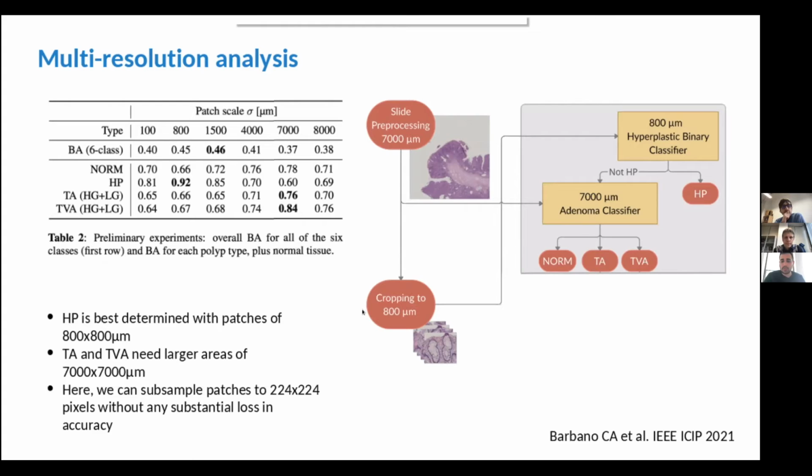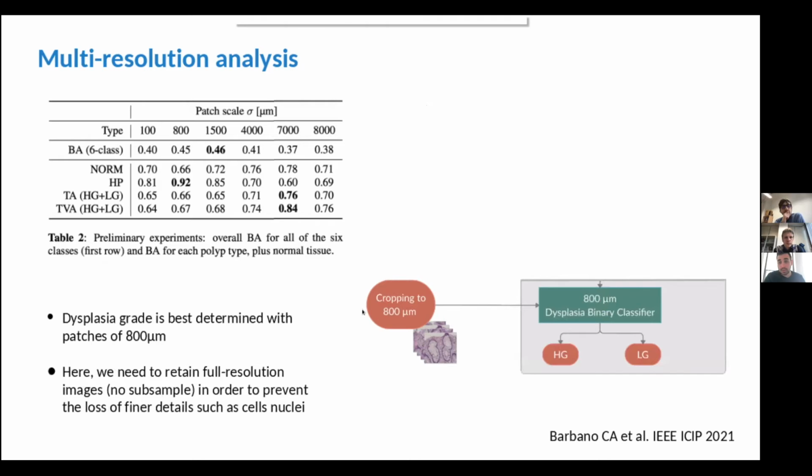And after we determine that the image is either a tubular or a tubulovillous adenoma, then we can try and predict the dysplasia grade. And this, on the other hand, has to be done at full resolution of the image, because we are interested in looking at smaller and finer features such as cell nuclei, in order to look for mitosis and stuff like that.